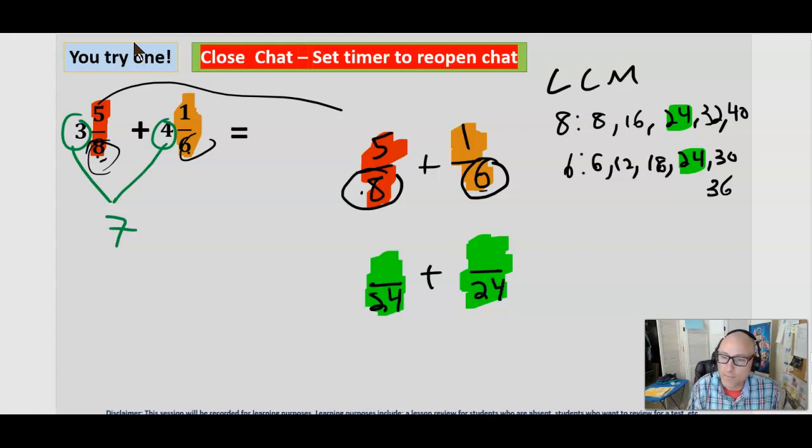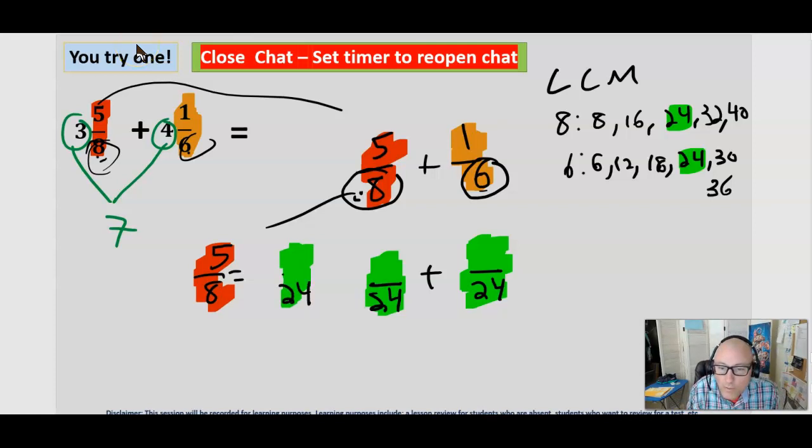So I'm going to rewrite 5/8 over here. 5/8 equals, remember that's our apple. How do we turn it into a lime? We need to make a number that has a denominator of 24. We're going to multiply. Multiply 8 by something to get 24. Multiply 5 by something, and that's going to be our answer.